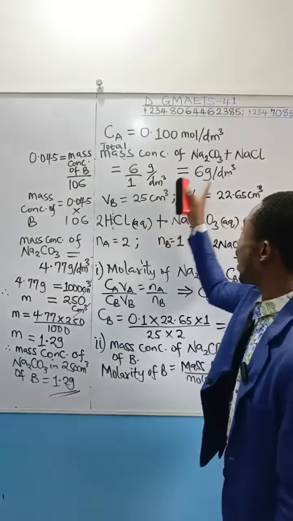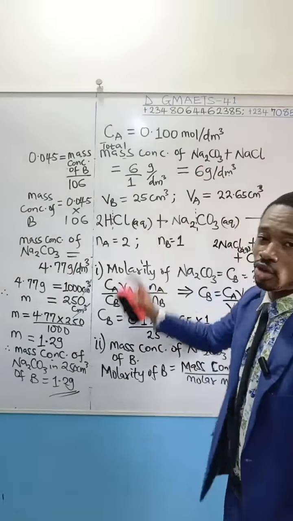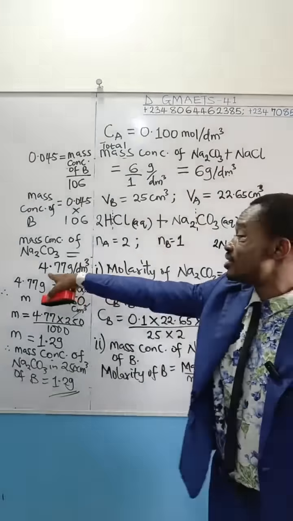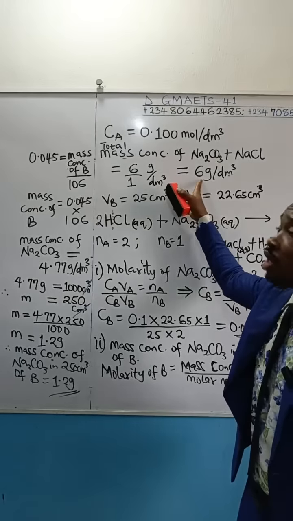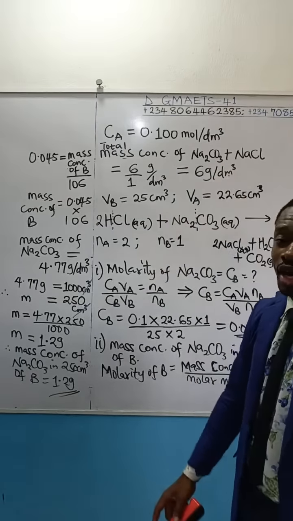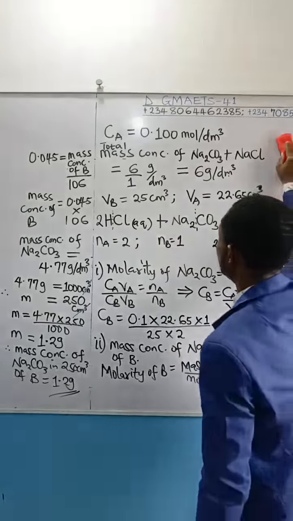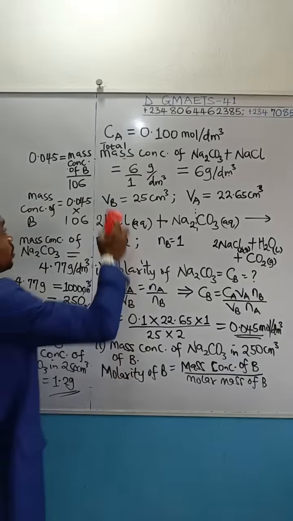Both of them are per dm cube. Therefore, to get the mass of this sodium chloride, you are going to use this mass. Subtract this mass of sodium carbonate from this 6 grams to get this mass of sodium chloride, which you now divide by total mass and multiply by 100. So you take note of this. This is not what we are going to use to get the mass of sodium chloride. I'm wiping this, having explained this concept.